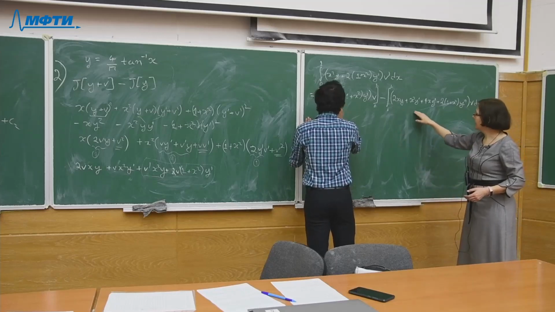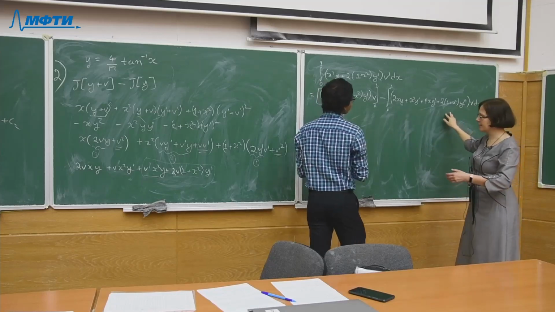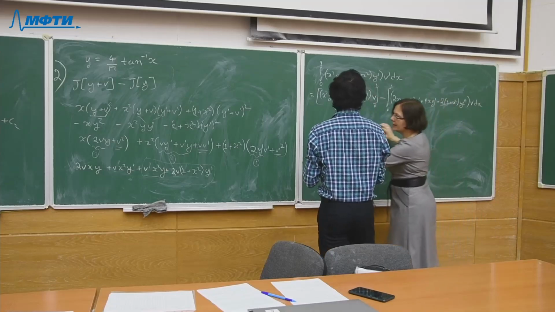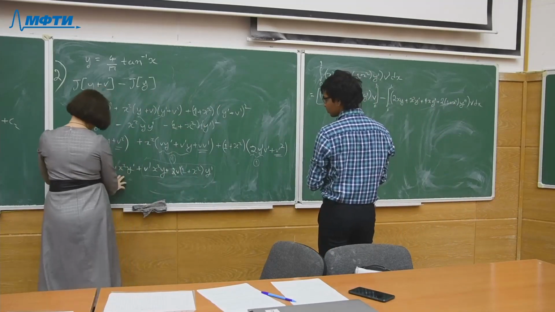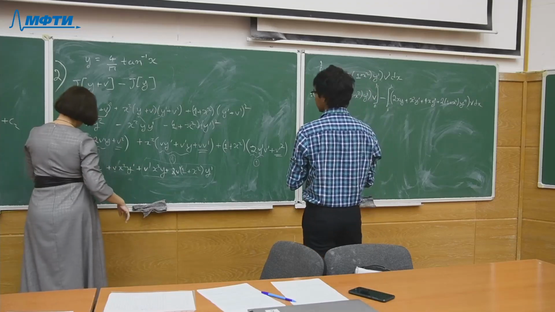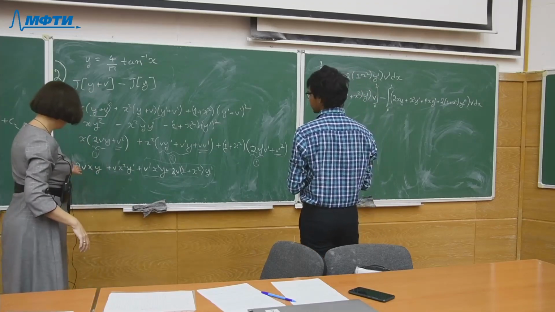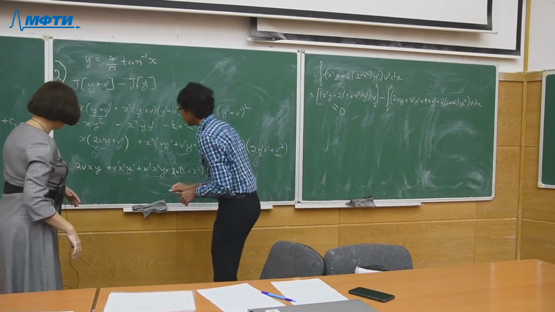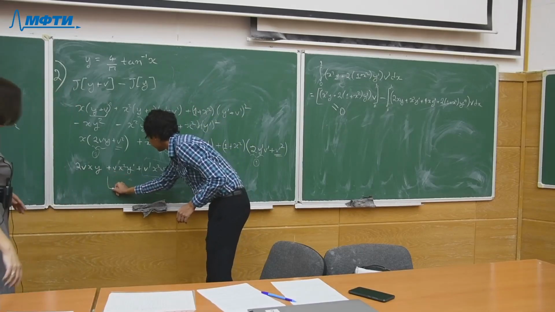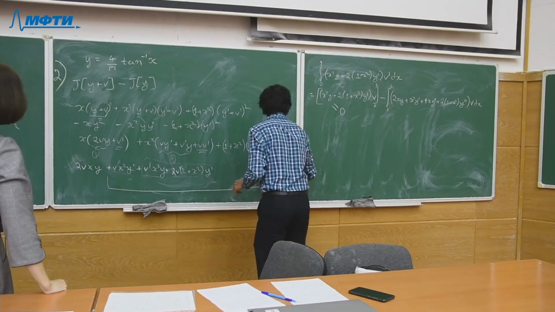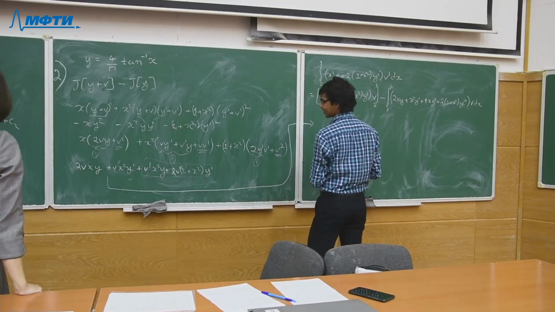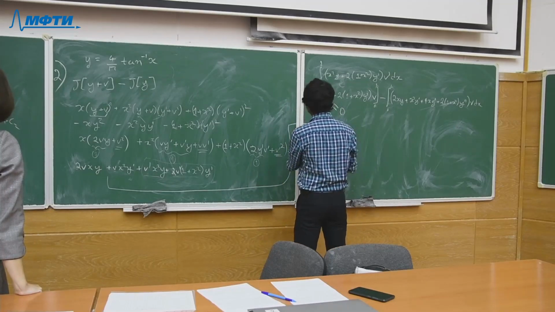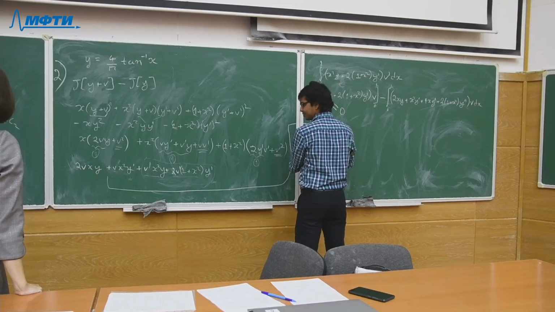And then this must be combined with these terms to obtain the Euler-Lagrange equation. 2vxy plus 2xy plus x squared y prime.